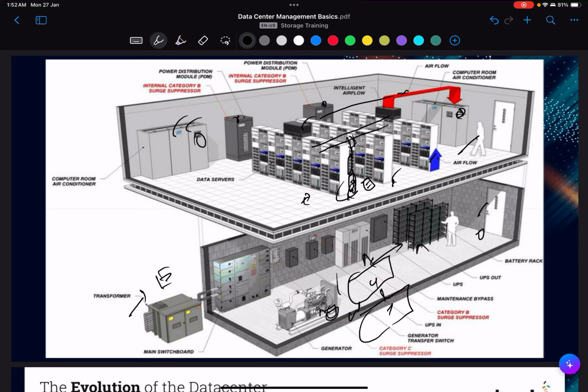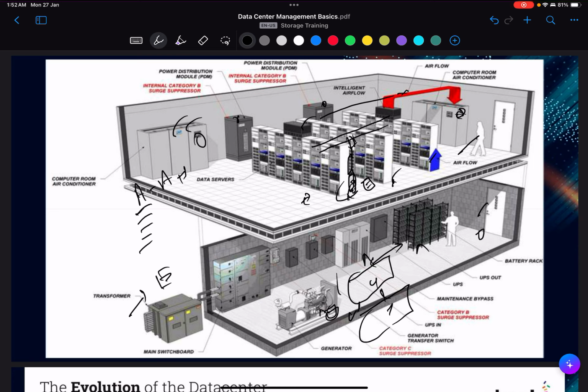And suppose you are an application admin, and you are working on your application, but you really don't know the underlying devices or layers that are there. So you should be aware of that, and how it is situated, how the cabling is there.